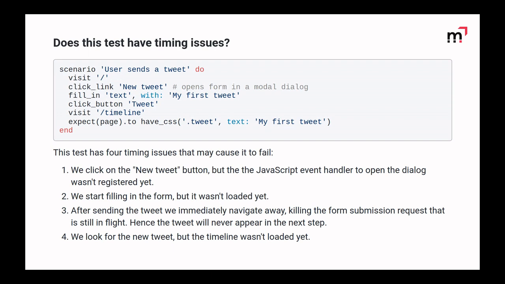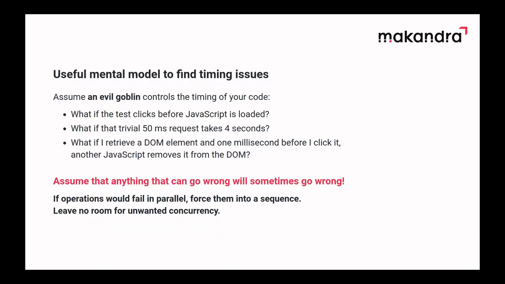Just to get you in the mood, a very useful mental model to find these issues is that you always assume that a very malicious person controls the timing of your code. Just think, what is the worst thing that could happen if all the stars align and everything is so very unfortunate? For instance, what if the test clicks before the JavaScript is loaded?